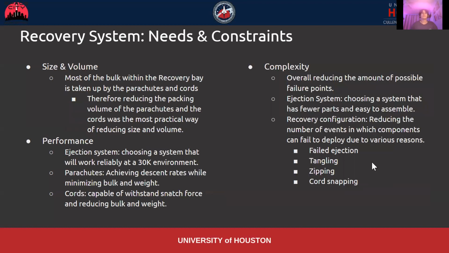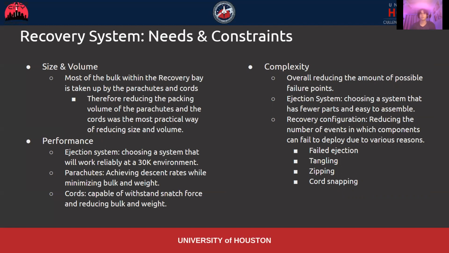Now, size and volume, most of the bulk that we're going to take up is due to the parachutes and the cords. And therefore, one of the main things we can do to reduce the volume is making sure that we minimize the size of our parachutes and still meet our descent rate constraint, and also making sure that the cords are as small as possible while also making sure they can withstand the snatch force.